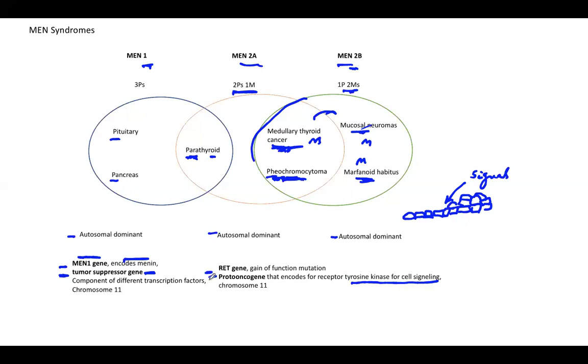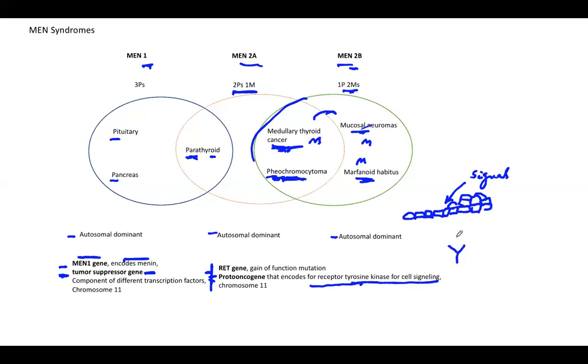So this is important: proto-oncogene and tumor suppressor gene. We'll discuss later on, but MEN2 is caused by the RET gene, which is a proto-oncogene that encodes a receptor for tyrosine kinase.